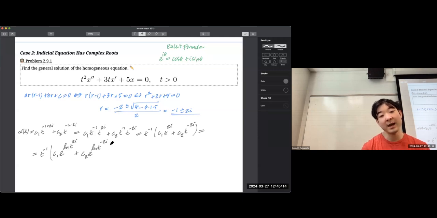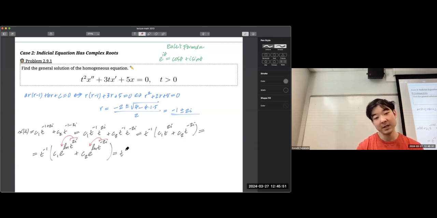The only reason I'm doing that is because I've got Euler's formula that converts a complex exponential to its real and imaginary parts. I just want to be able to apply that, but I can't if it's not an exponential. So I'm going to force this to become an exponential by doing e to the ln of whatever. The log property says that you can pull this exponent on the t out in the front. That prevents us from having a bunch of layers of powers.